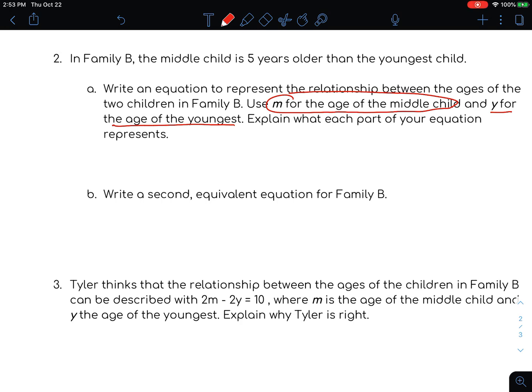Okay, so let's go back up to the problem here. I've got the middle child is 5 years older than the youngest child. So the middle child is m, the youngest child is y. Maybe one way I think about this is, the youngest child plus 5 years equals the middle child.